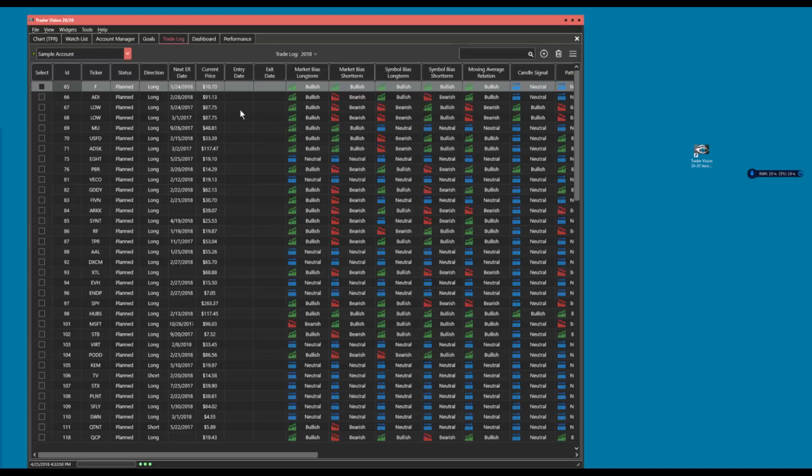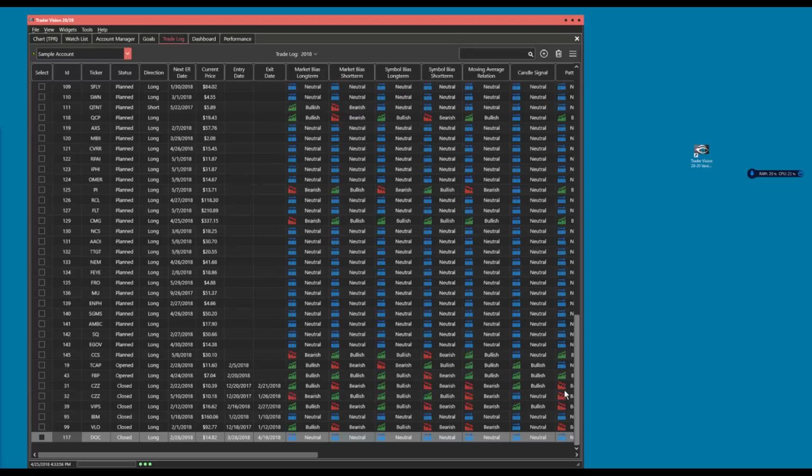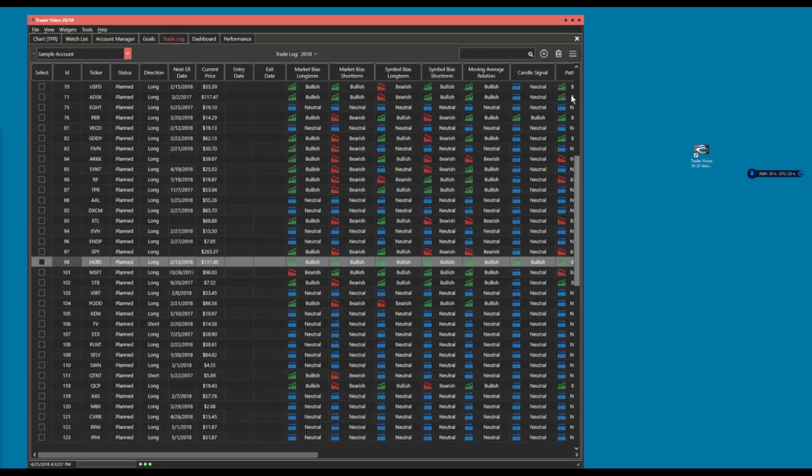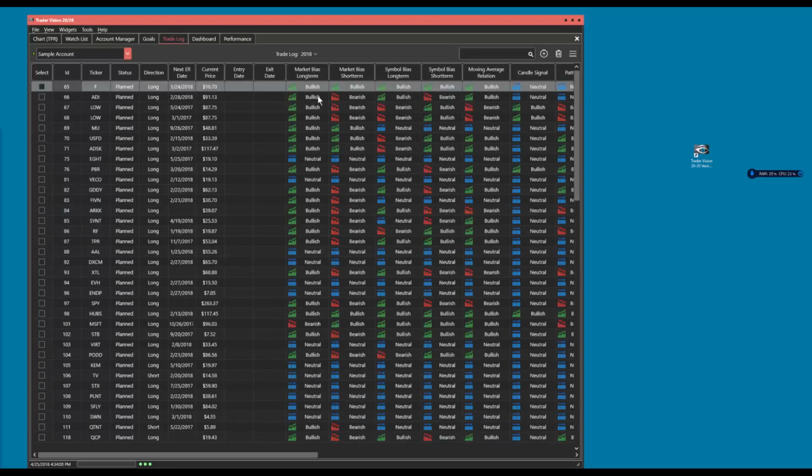So this is trade log, and as the name implies, it's a log of all of your trades, planned, closed, open, whatever they are. You can adjust the account that you're displaying from this pull-down list. You can adjust the time frame that you're displaying by clicking this little down arrow to pull down the date tool and select a different period.